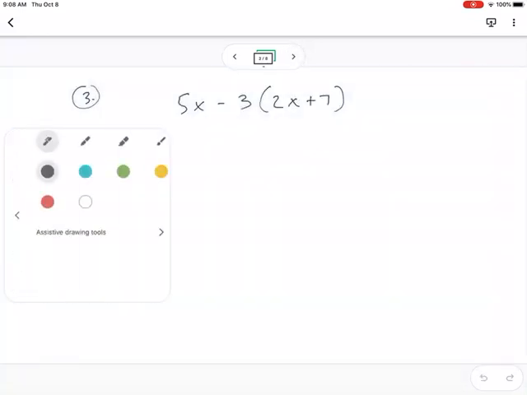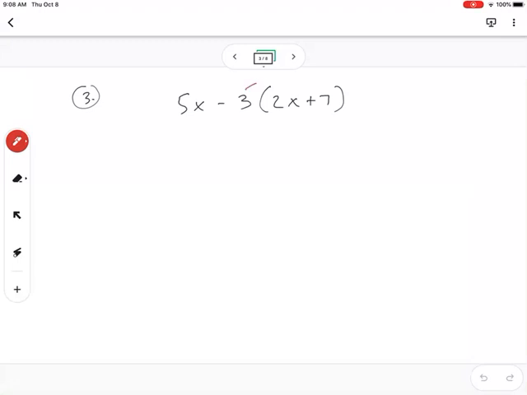Number 3. Okay, this is one where it is actually very important to change subtraction to addition because we have the distributive property going on here. But before we distribute, we need to know what we're distributing, and because there's a minus sign here, we're distributing a negative 3.